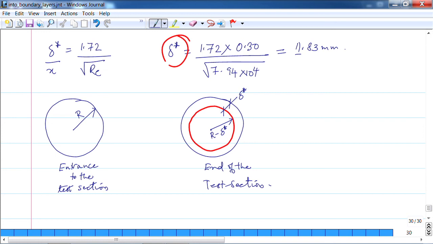However, from the entrance to the end, the conservation of mass has to be valid. So, I can write a very simple equation.